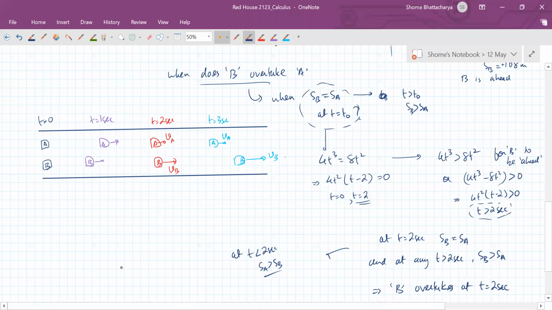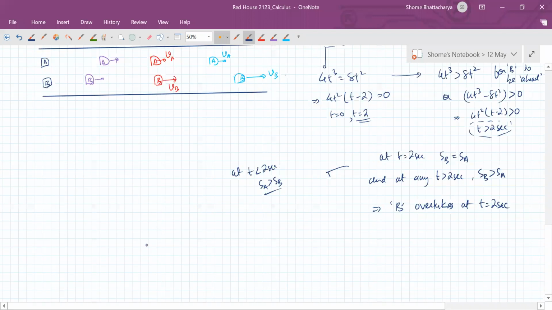You are also asked when B's speed becomes more than A's. That is when VB is greater than VA. VB we had seen was 12t square, and that should be greater than VA, which was 16t.